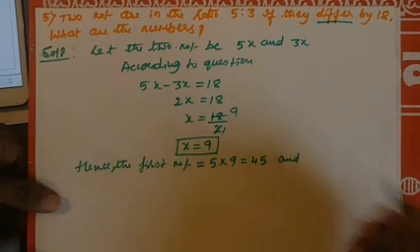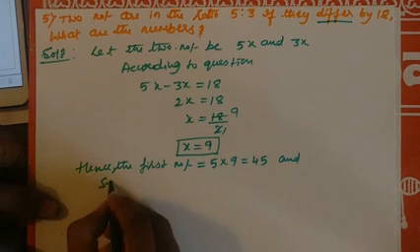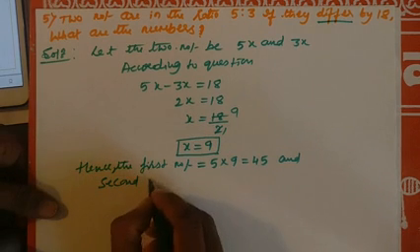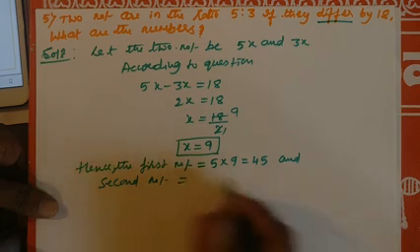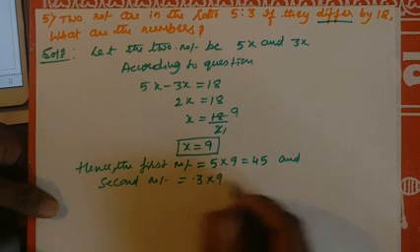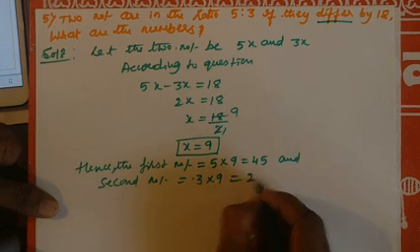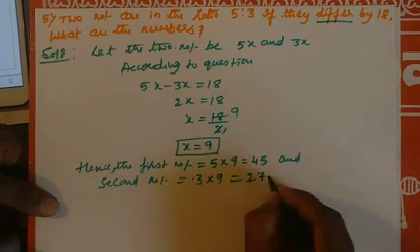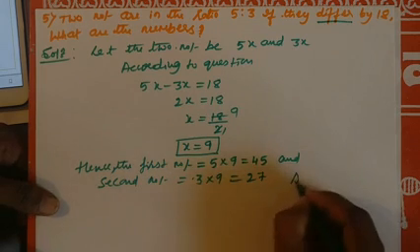And the second number we need to find. Is it right? Second number is 3x. 3 into 9. 3 9s are 27. Okay. This is the answer.